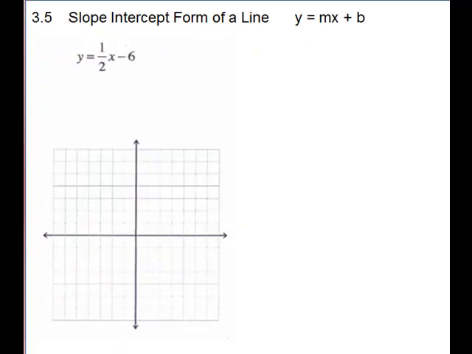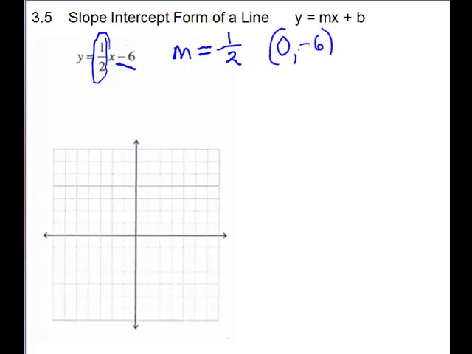For our next one, y equals 1/2 x minus 6. It is also in slope-intercept form. Your slope will be coefficient of the x, so your slope is 1/2. Your y-intercept will be the number, and so it will be 0, -6.